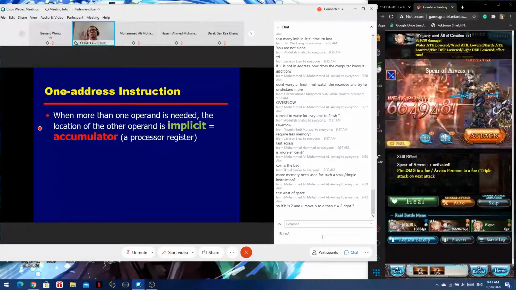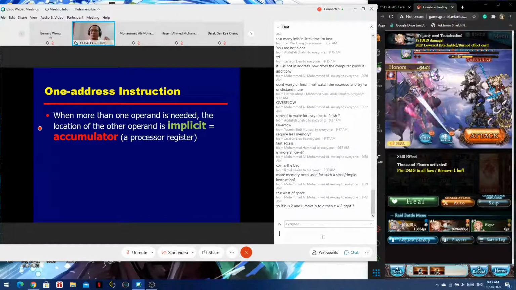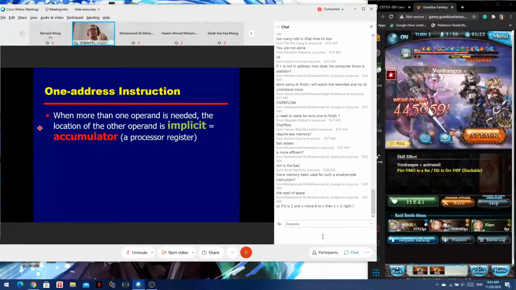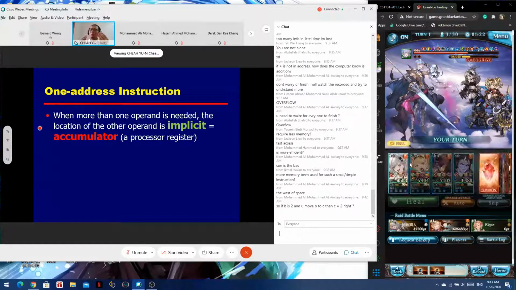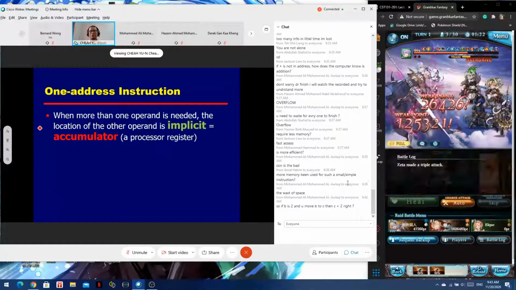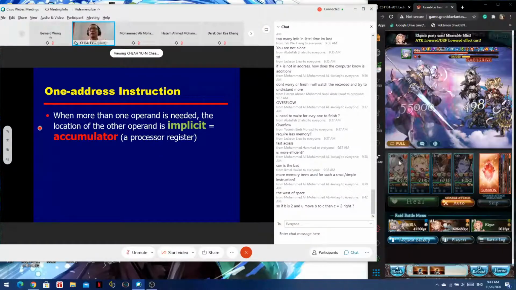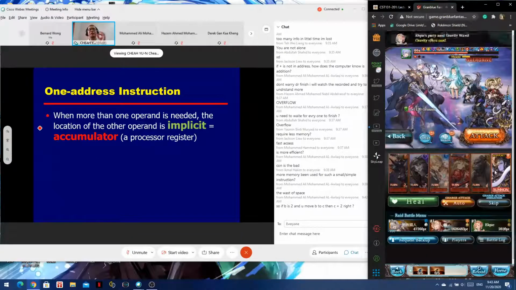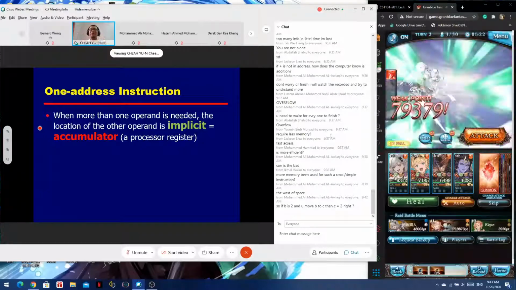Now the solution to this is that you have an implied variable, an implicit variable that is there all the time to store one of the variables. For this purpose, we have what we call an accumulator. It is a special register and it is implied.